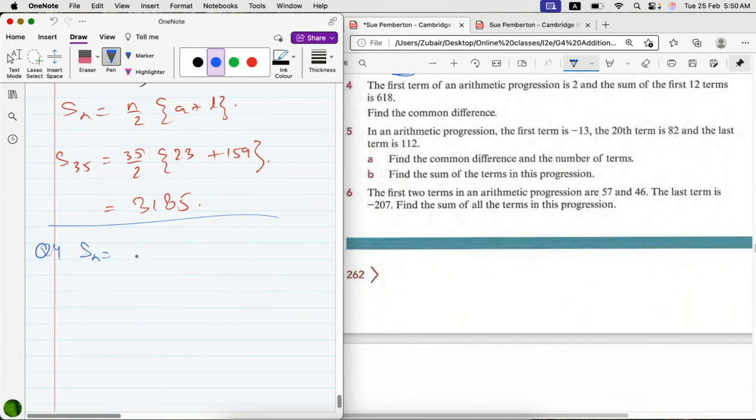Question 4: Sn is equal to n by 2 into 2a plus n minus 1 into d.